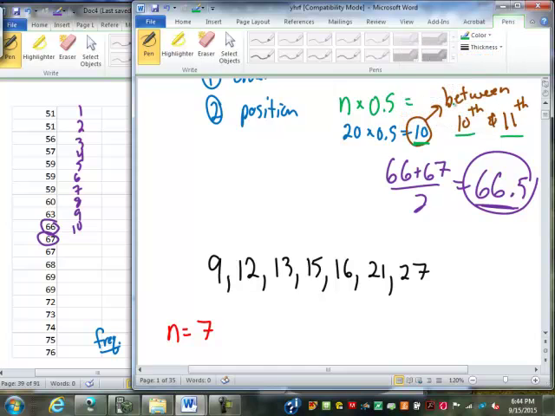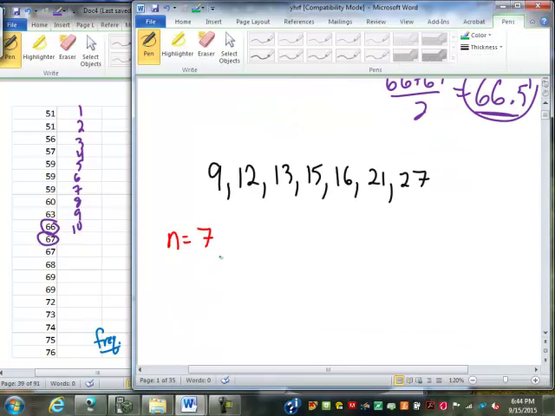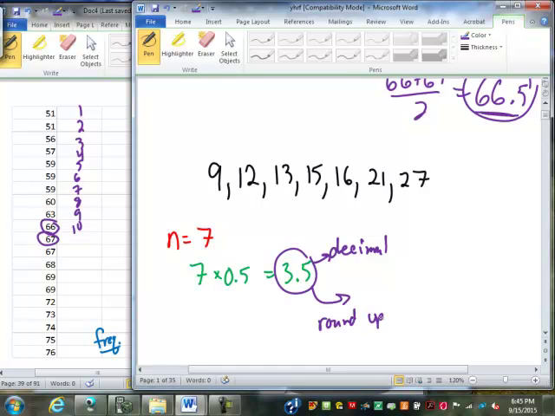To find the position of my median, I'm going to take n times 0.5. So 7 times 0.5 gives me 3.5. Since that position is a decimal, we're going to round up. So that's telling us that the median is the number in the 4th position.